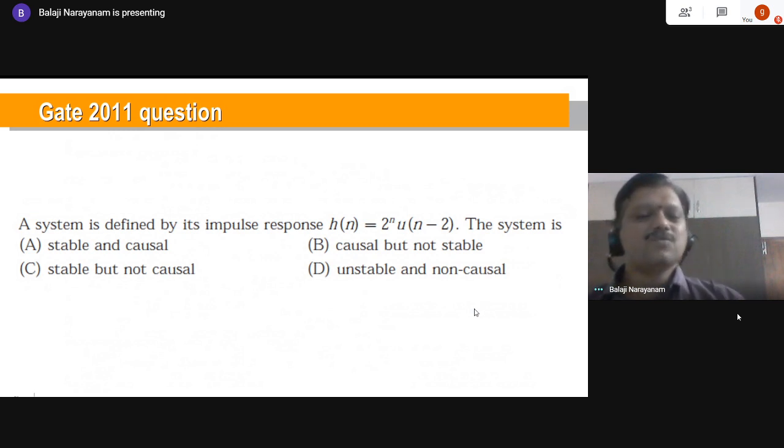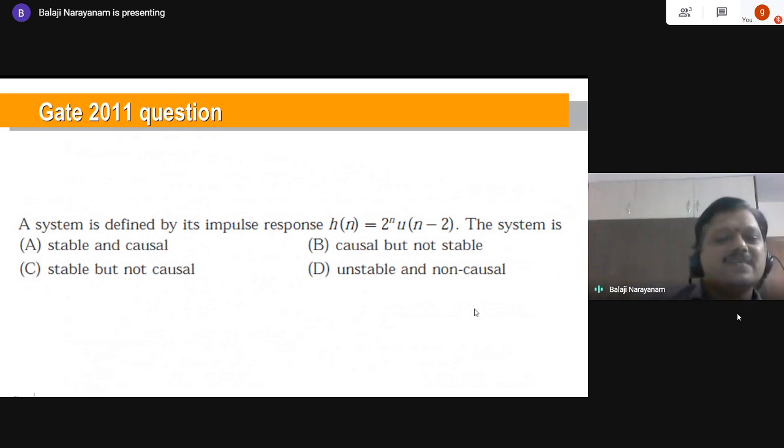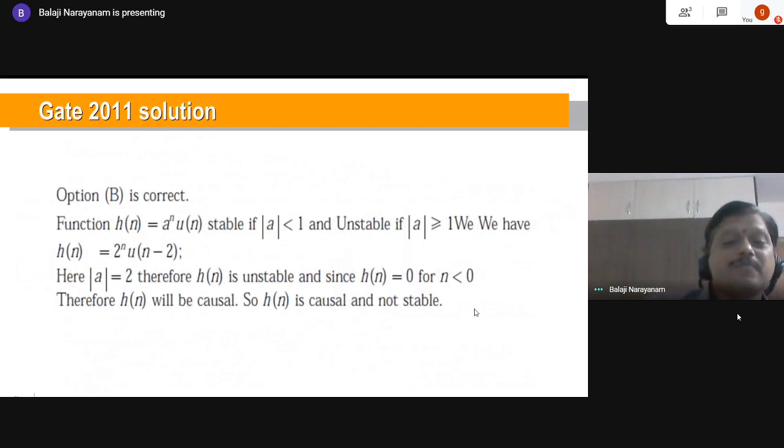So here again, two categories: whether the given system is causal or non-causal, stable or unstable. So you have to check for two classifications of the system. Now, the function h of n is equal to a power n u of n, and we have defined that if mod a is less than 1, then we may say it is stable, and it will become unstable if mod a is greater than 1.